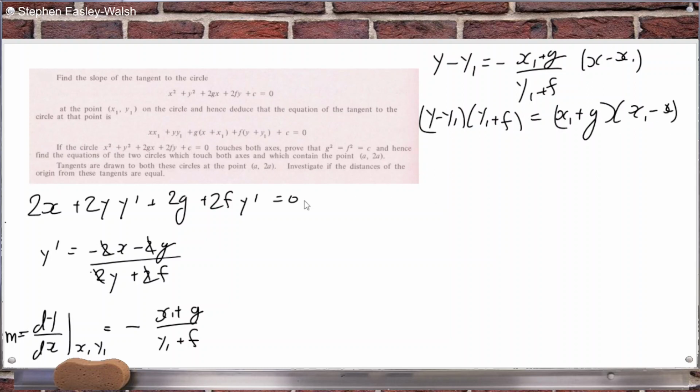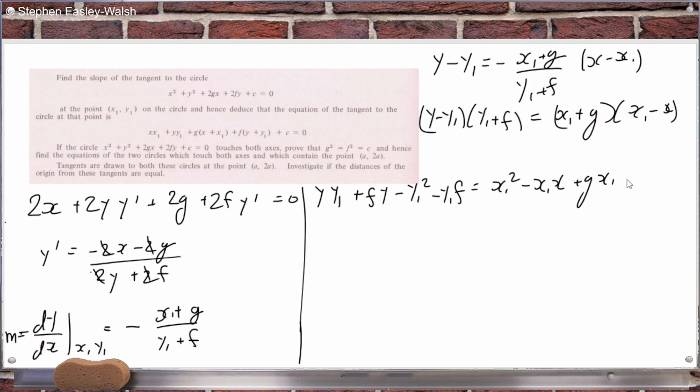So multiplying out, I'll have y y1 plus f y minus y1 squared minus y1 f equals x1 squared minus x1 x plus g x1 minus g x.